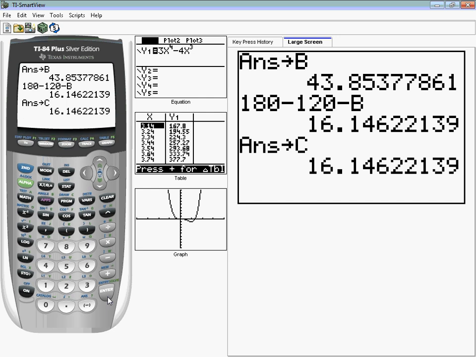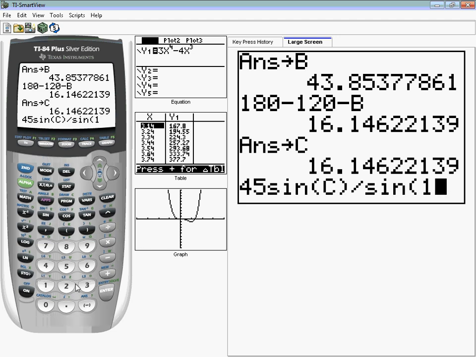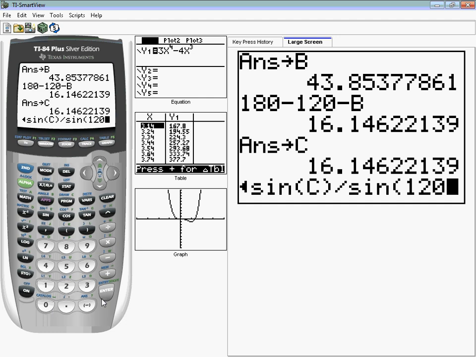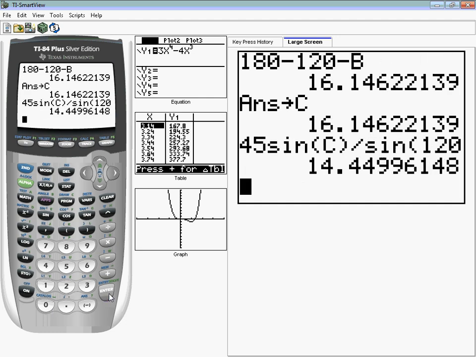So you're going to do 45 times sine of C, not 16.1, but the whole thing, divided by sine of 120.